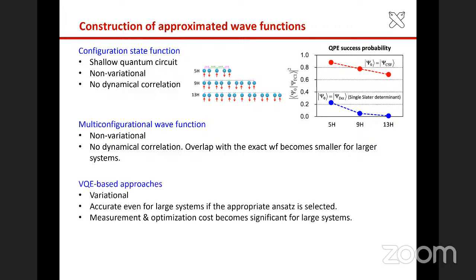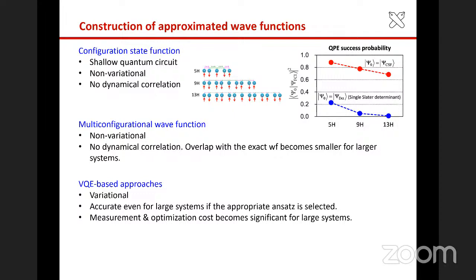Another possible approach is, of course, VQE. Because VQE is a variational approach, it can give accurate energy and wave function even for large systems if the appropriate ansatz is selected. But for large systems, the measurement and optimization cost becomes significant.